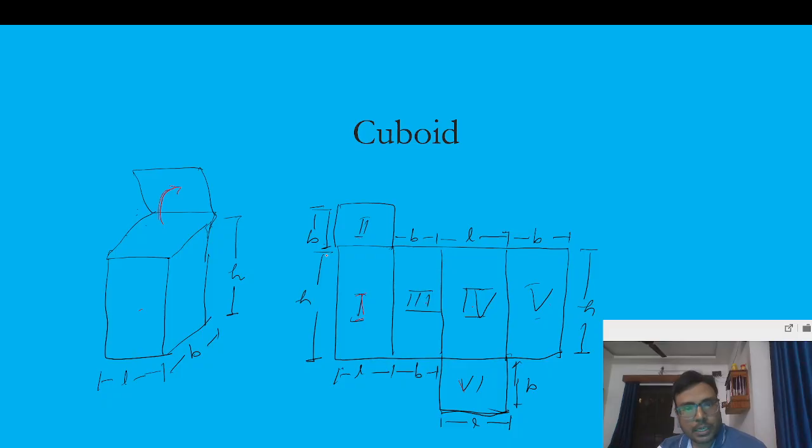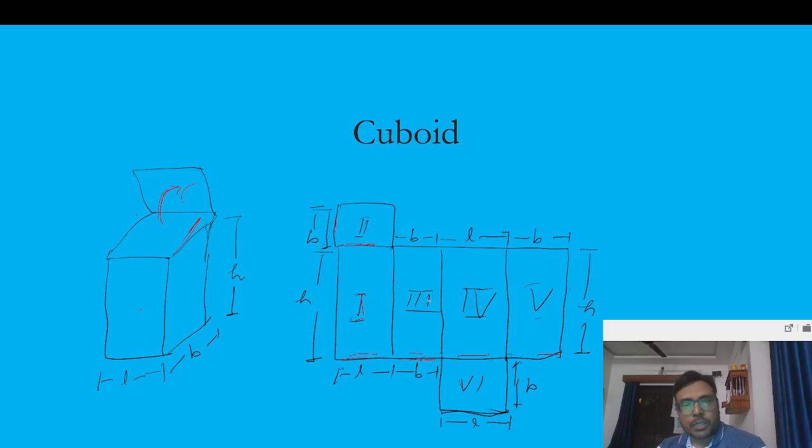This is the height, this is the length and this is the breadth. So you open again, this height will be common for all. This is the length, this is the breadth, this is the length, this is the breadth, and for the upper part which you have opened, this is the breadth and this is the length.